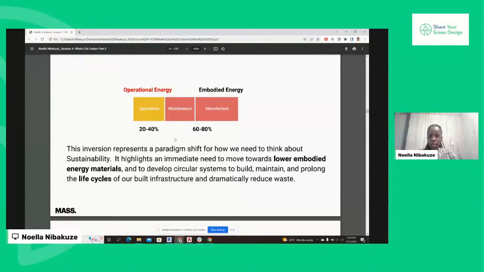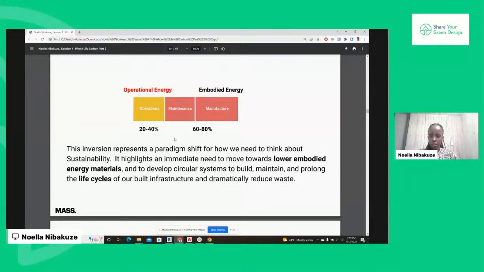So we need to also start thinking about low embodied energy materials and construction systems, like structure systems, and also to develop circular systems to build, maintain, and prolong the life cycle of our built infrastructure.